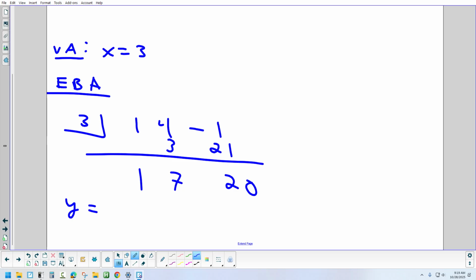And how about, Jade, what's my EBA here? X cubed. Let's start, what's my quotient? Let me ask it that way. Is it 20? No, 20 is my remainder. Is it 1 or just X? That's part of my quotient, it's not the whole thing. The quotient is a binomial in this case.